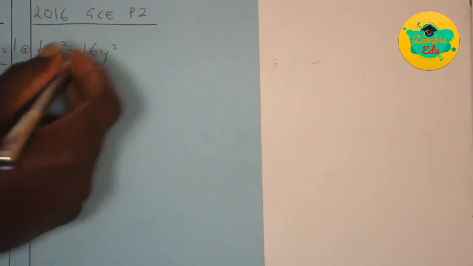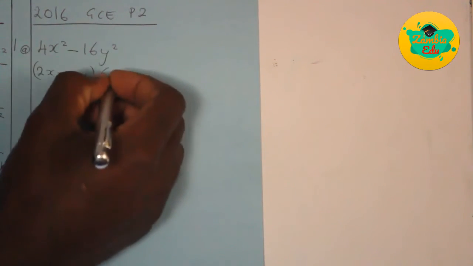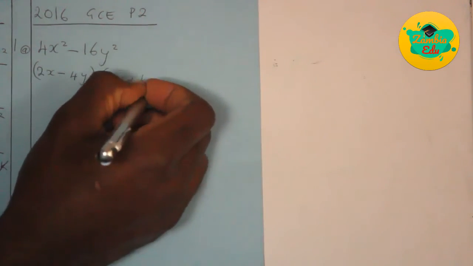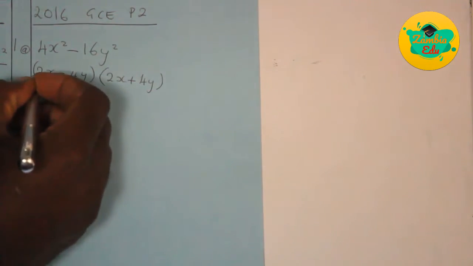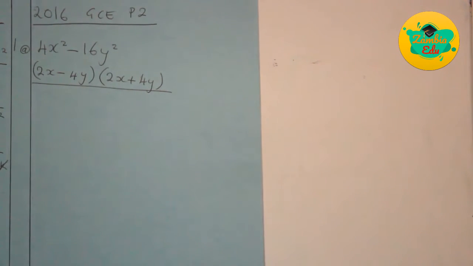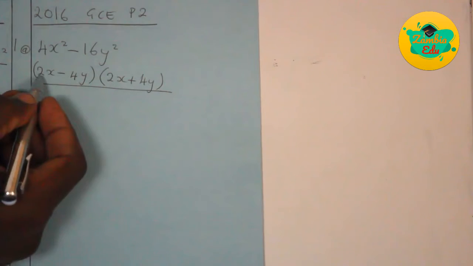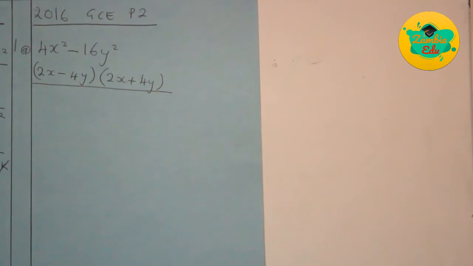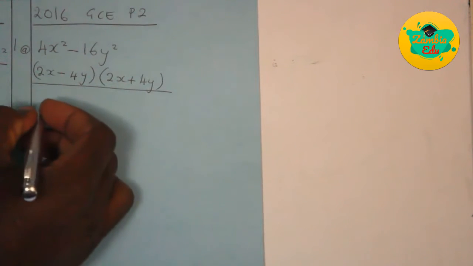Then you do the same as this, but with a plus sign. Okay, so you've done that. However, I think you can factorize it more, because there is a 2 there, and there's a 2 also in 4.